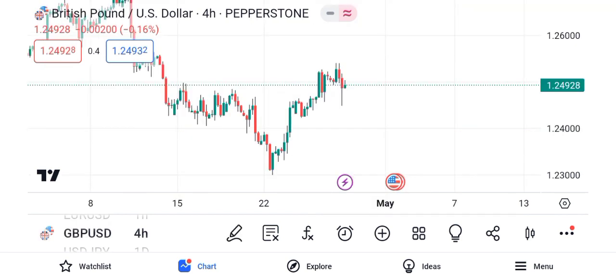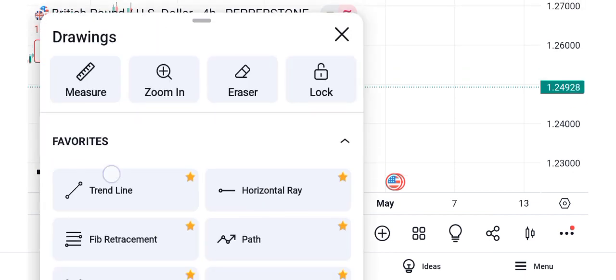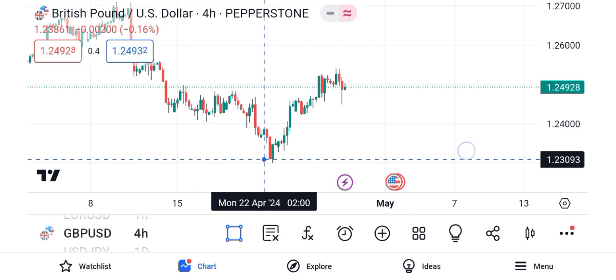Move on to GBPUSD. So now on GBPUSD, we note that the current trend of the market is bullish on the 4 hours time frame. So since the market is bullish, we'll be looking for buying opportunities in the market. So spotting our key levels on this time frame, we have a beautiful key level here.